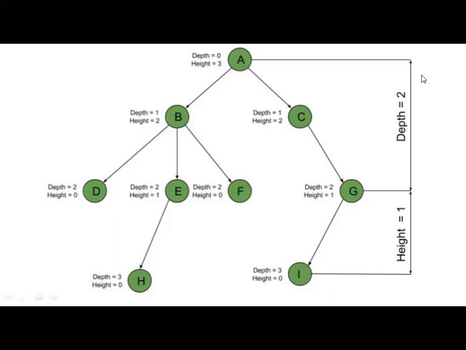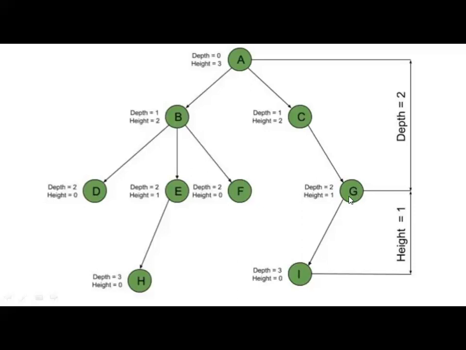Now see here, this gives the depth. Depth means from the root to that node. For example, the node G I am considering: depth of G means from the root to node G, how many edges are there, that gives depth 2.